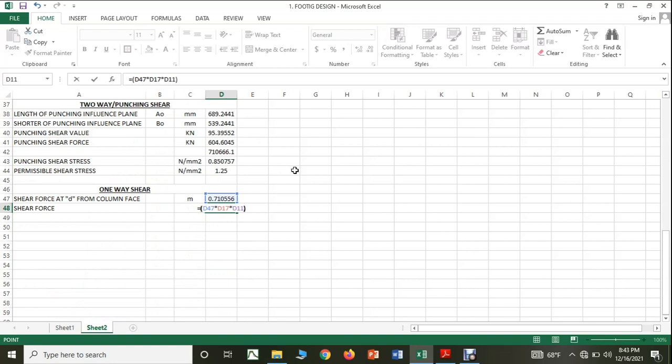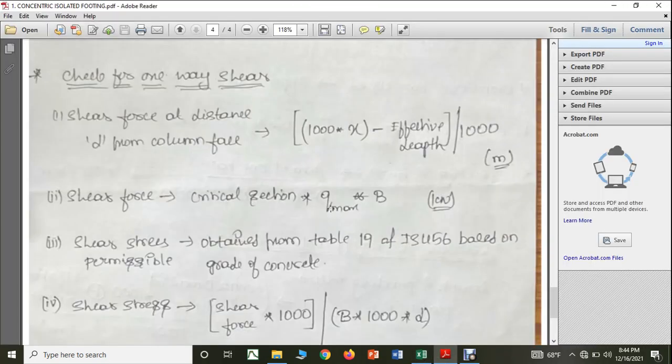That will give you the shear force value in kilonewton, because this will be in kilonewton per meter square, this will be meter, this will be meter, that will give you in kilonewton.